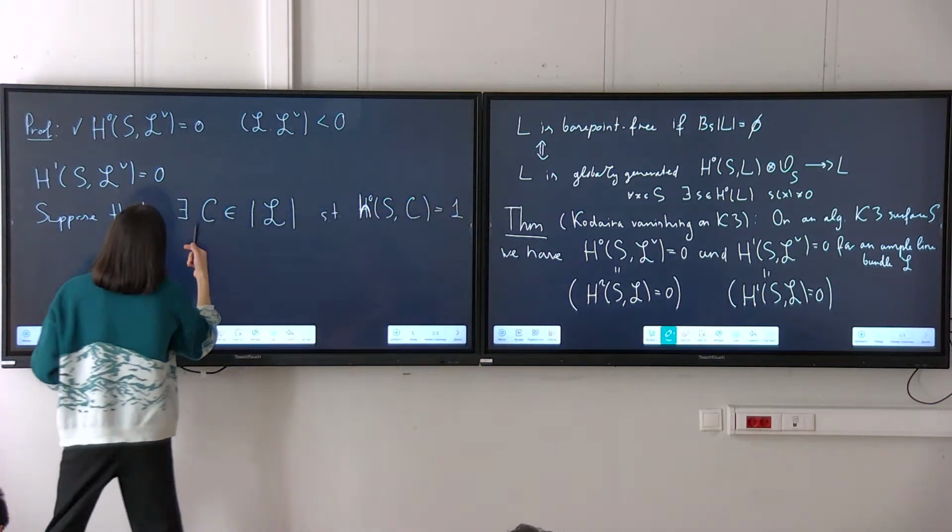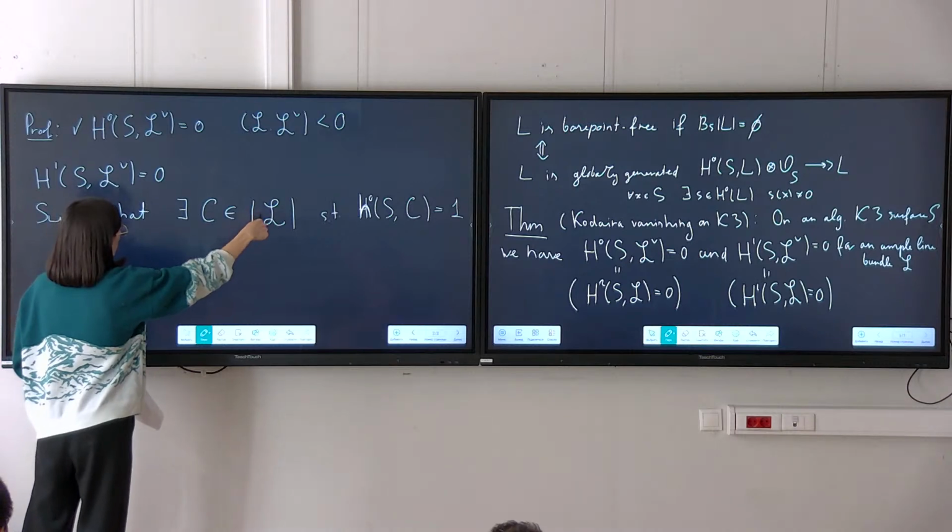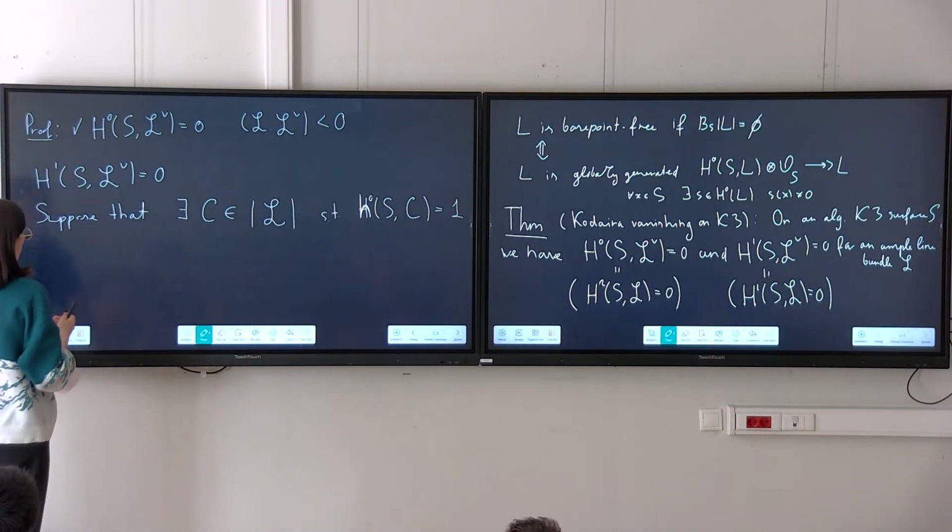For example, there exists an integral curve in this linear system.